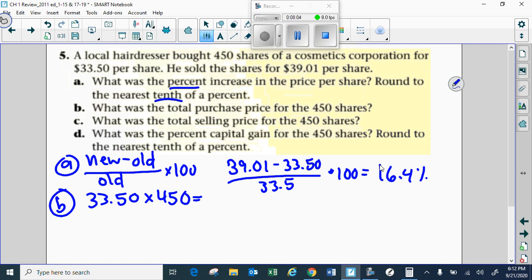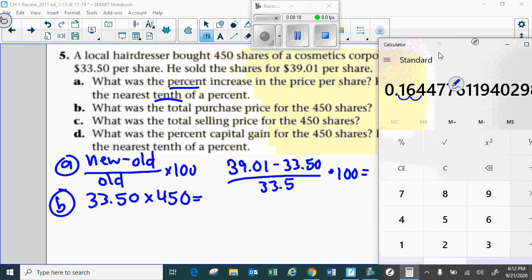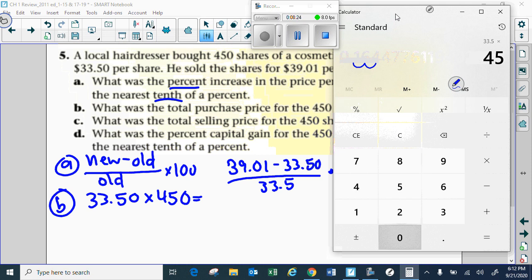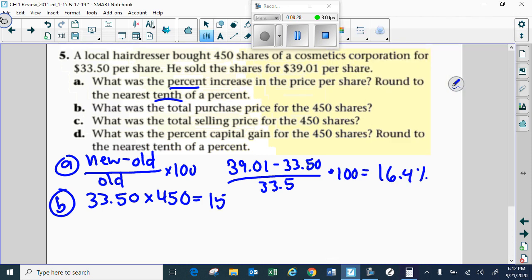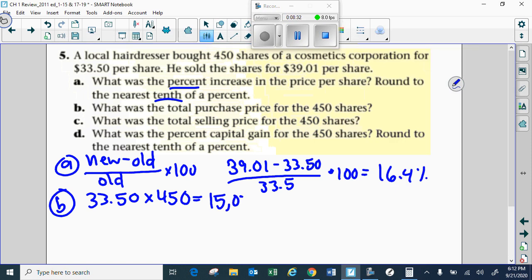Now, because we haven't got into the cost of paying a broker yet, we haven't got to that section yet. So you usually have that as well. Okay, so let's just put that in the calculator. 33.5 times 450 equals $15,075, right? Yes, $15,075.